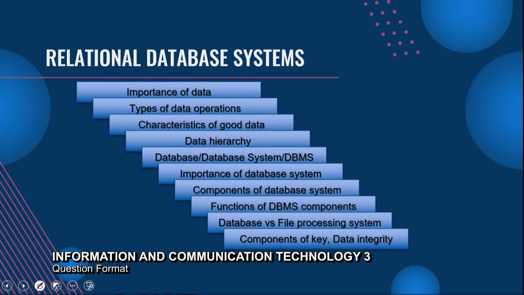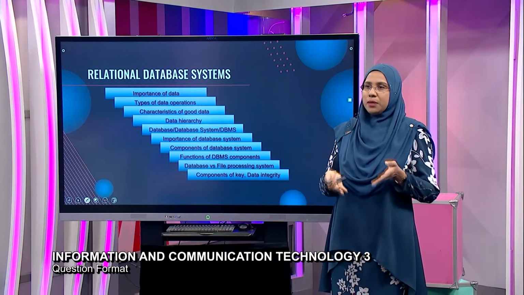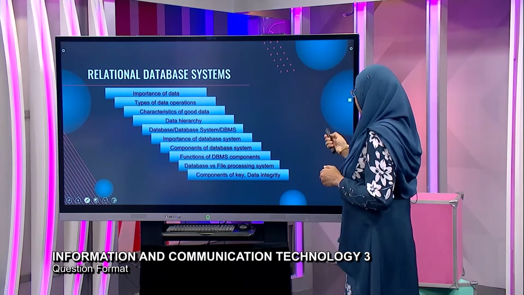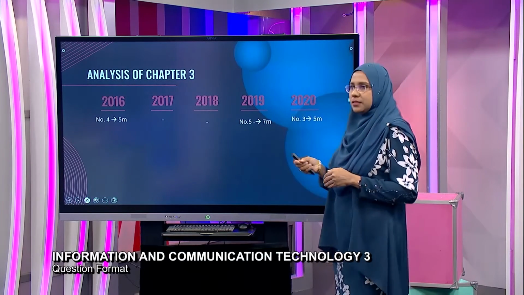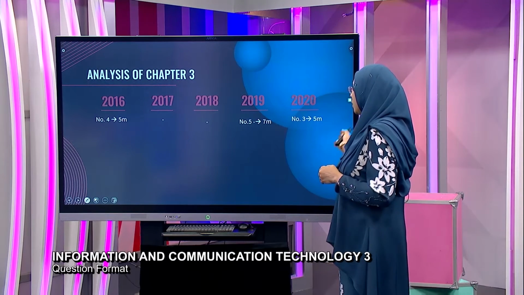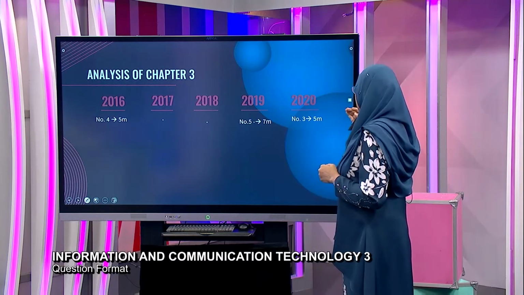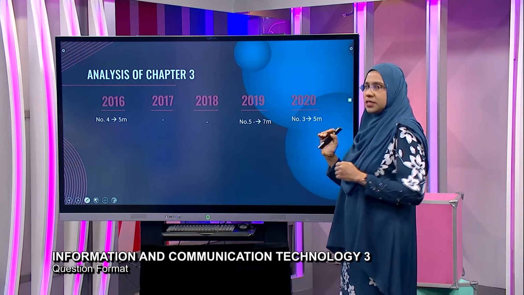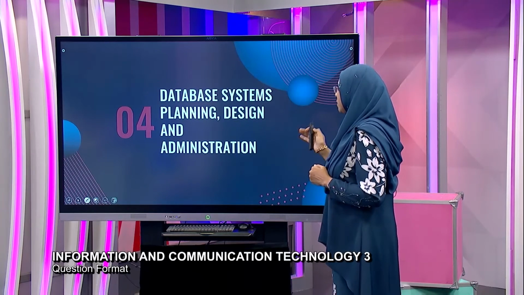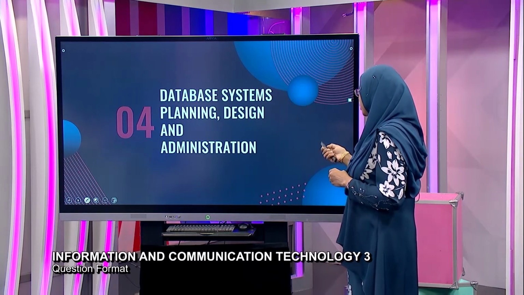In this chapter, again, you have to study and remember, and they will test your knowledge. From 2016 to 2020, questions came out in only 3 years, and all were in section A.